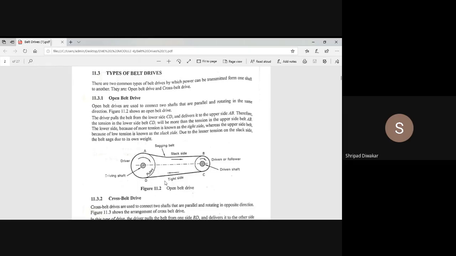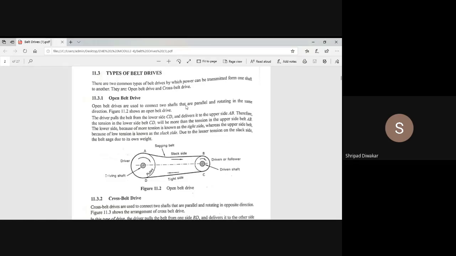One is tight in nature, whereas the other is slack, meaning a loose side. Remember, there are two sides, one tight side and one loose side. The driver pulley takes the length from CD and then transmits over the driven pulley or follower through a length called AB. Hence, there are two sides: the tight side of the belt and the slack side of the belt.